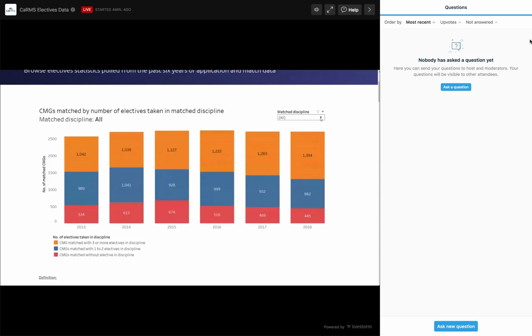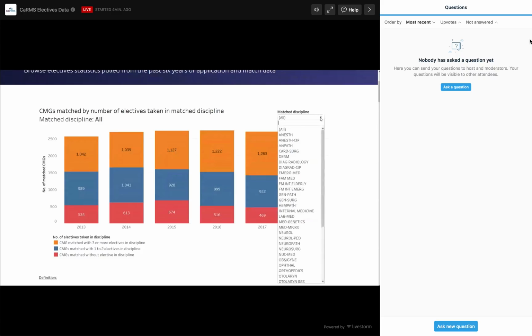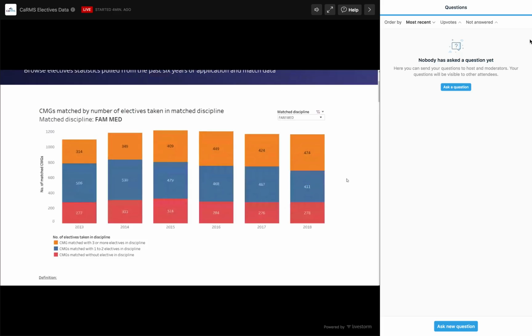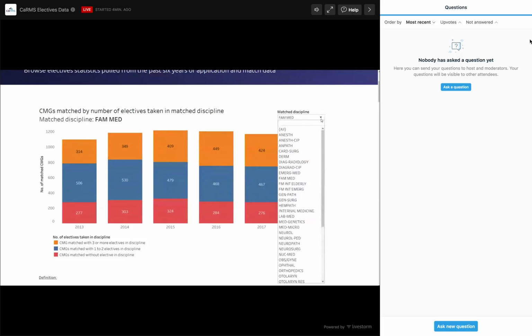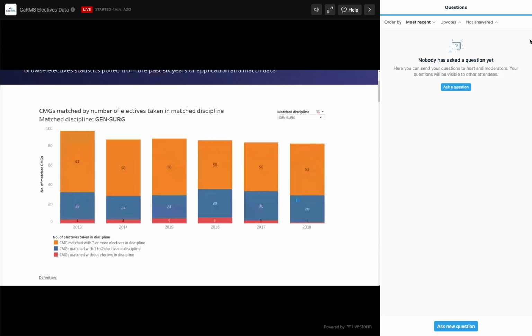Now we can take a peek at some individual disciplines just to give you a sense of what that looks like. Here's family medicine. I won't dwell on them for any great length of time. Here's general surgery. Here's internal medicine.